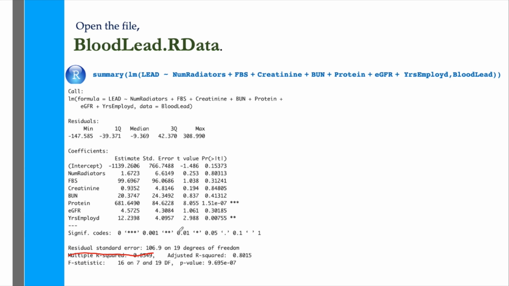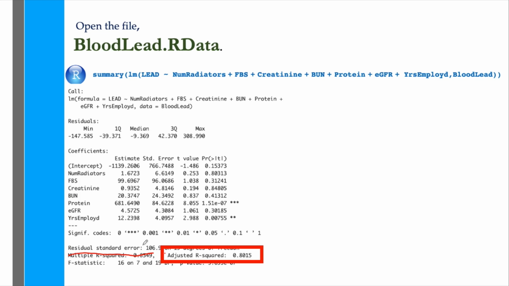Because mathematically, multiple r squared increases as the number of predictors increases. So, the multiple r squared may be deceiving that it is high. It's not because of the contributions of x to y, but because there are many predictors. Now, what we do is, we interpret only the adjusted r squared when we have the multiple linear regression.